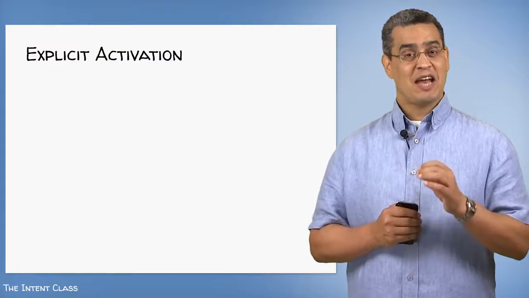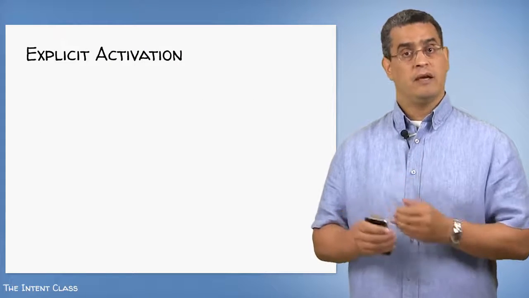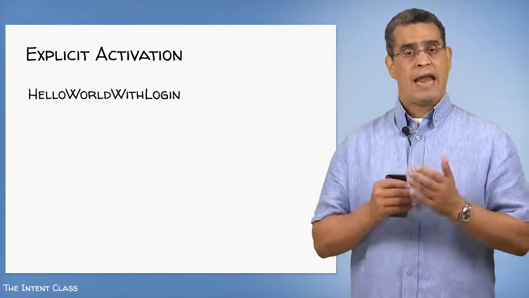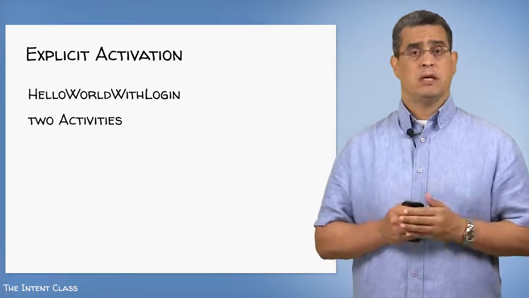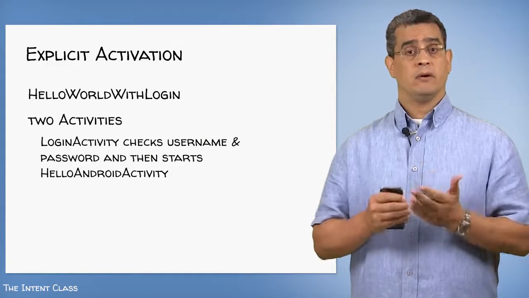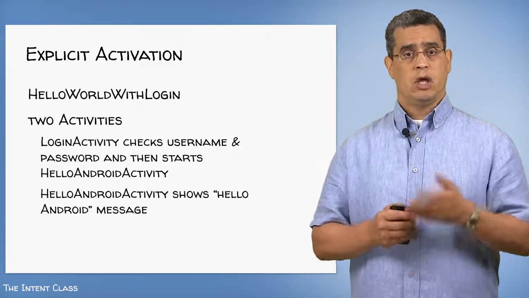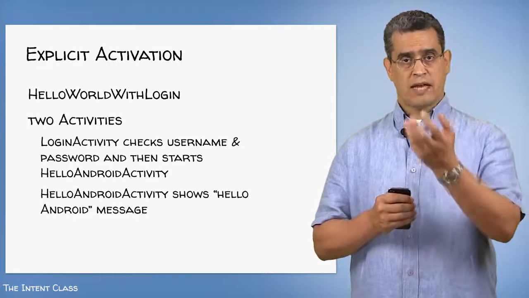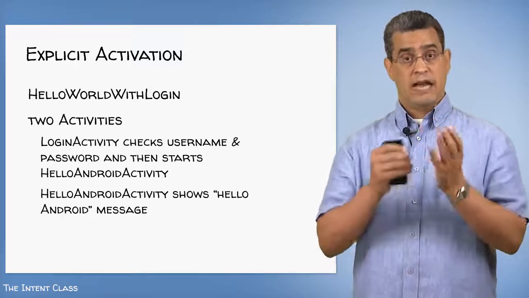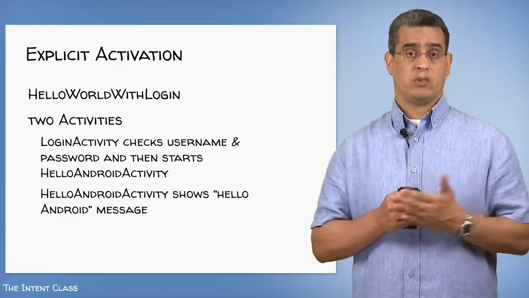So let's take a look at an application that explicitly starts another activity. This application is called Hello World with Login, and it's comprised of two activities. There's one activity called LoginActivity and another called HelloAndroid. When this application launches, LoginActivity is the first activity that is started. LoginActivity provides a text box for typing in a username and another one for entering a password.